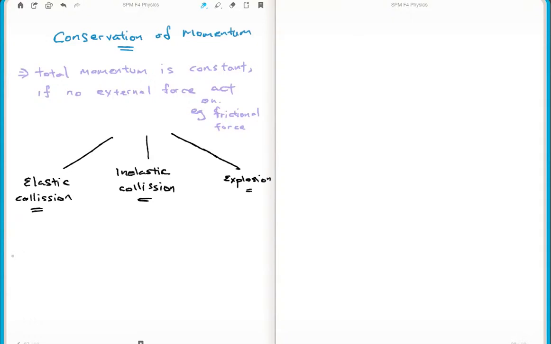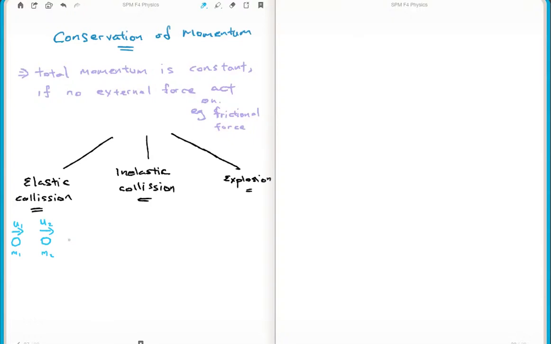Say you have 2 balls with two different masses, mass 1 and mass 2, moving to the right, with initial velocities u1 and u2.